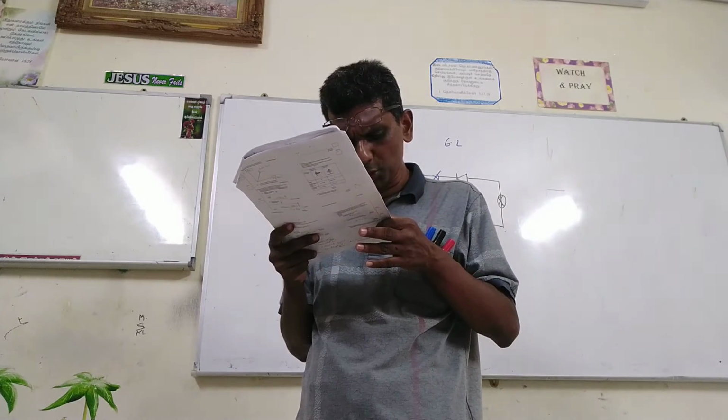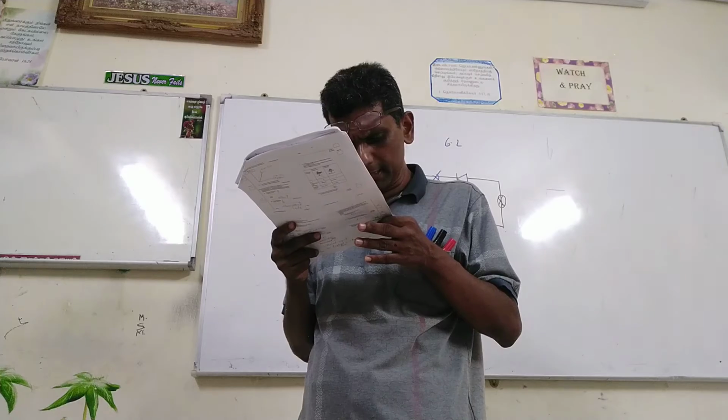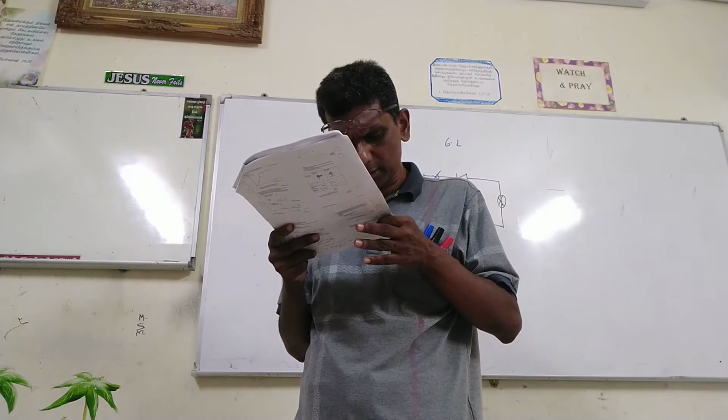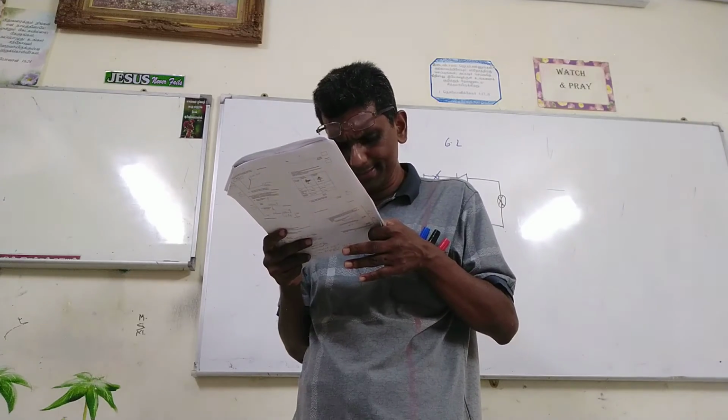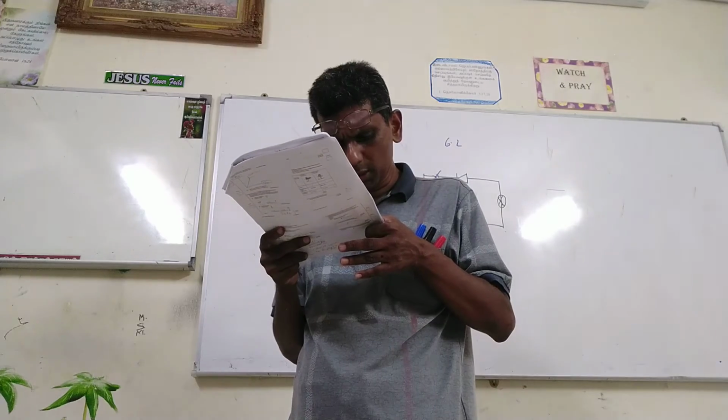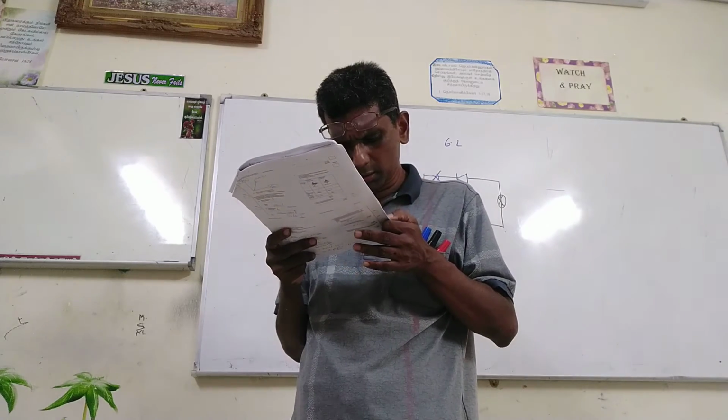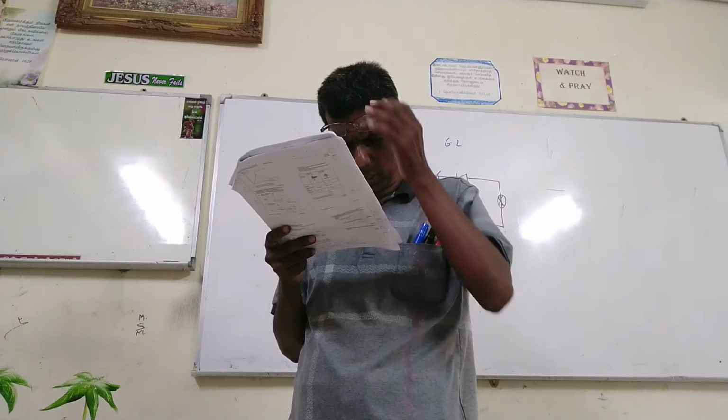Diagram 6.3 shows a circuit connected to the cathode ray oscilloscope. Draw the traces shown on the CRO.